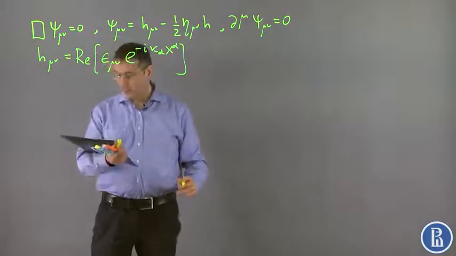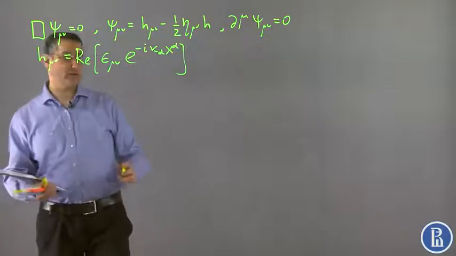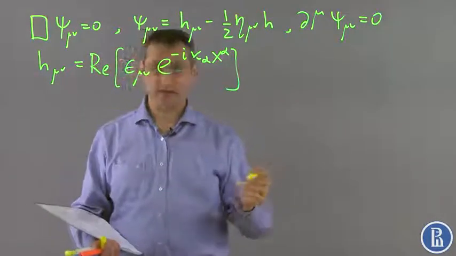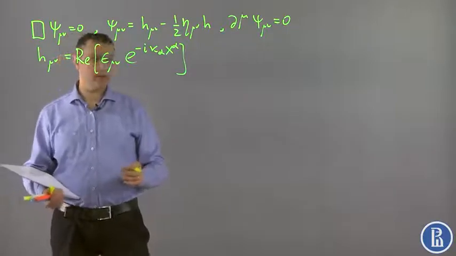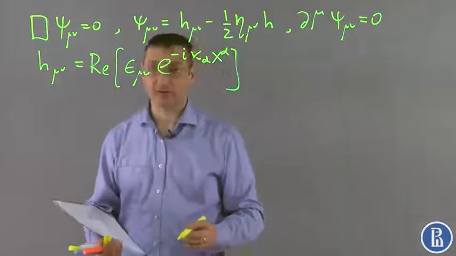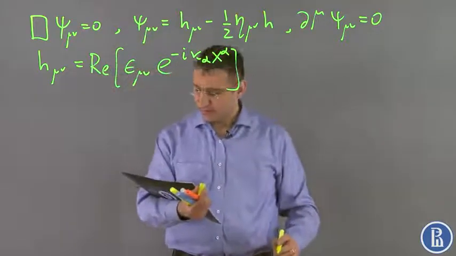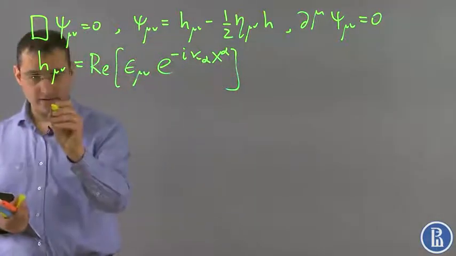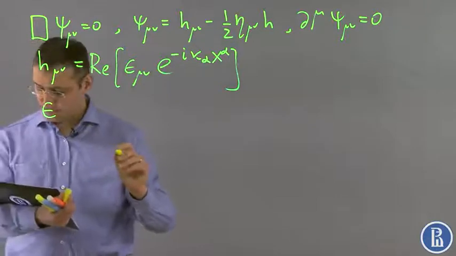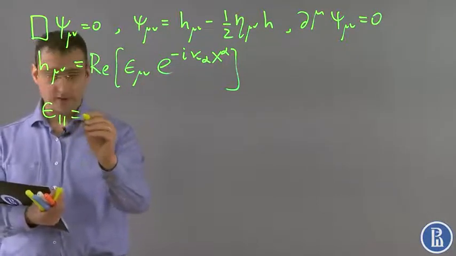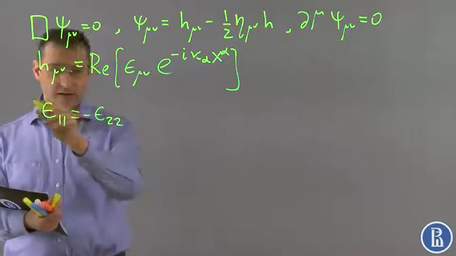So what we have found, after fixing this gauge and using remnant gauge transformations due to harmonic solutions of the box operator, is that this tensor has the following non-zero components: epsilon 1,1 is minus epsilon 2,2, and epsilon 1,2 equals epsilon 2,1.